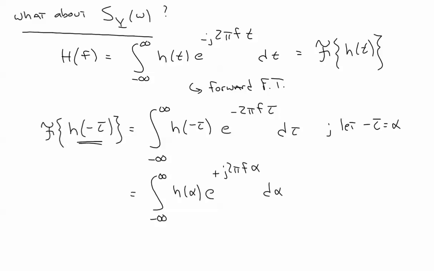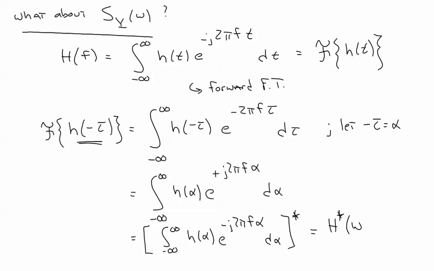All right, and this is the complex conjugate of the forward Fourier transform. So if I take the Fourier transform of h of minus tau, I get the complex conjugate of h of omega. All right.